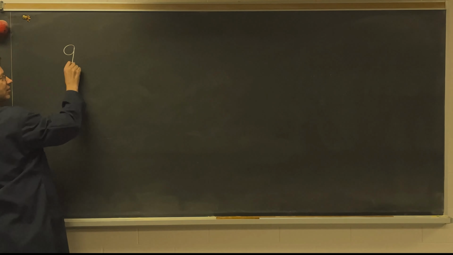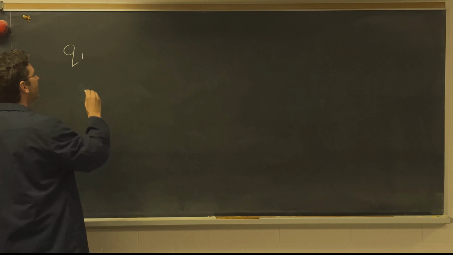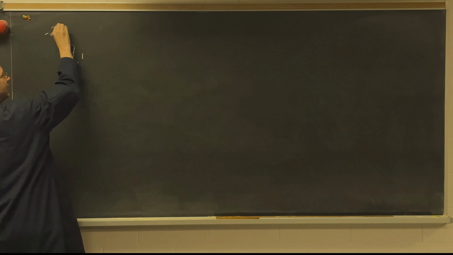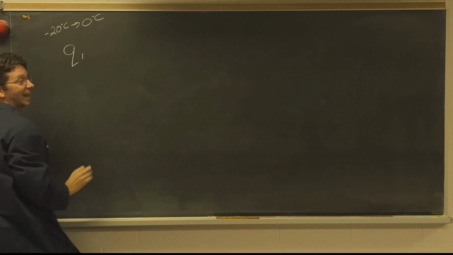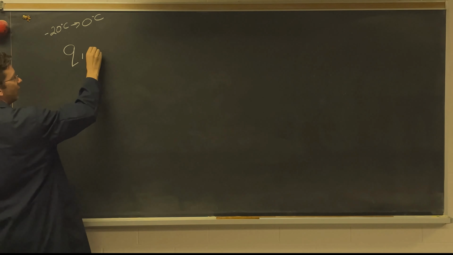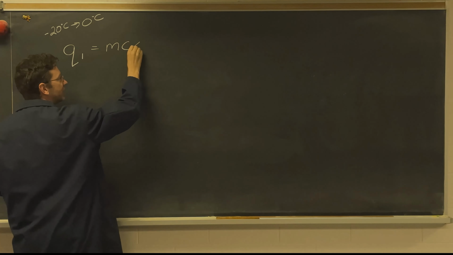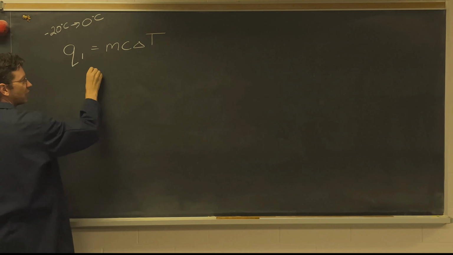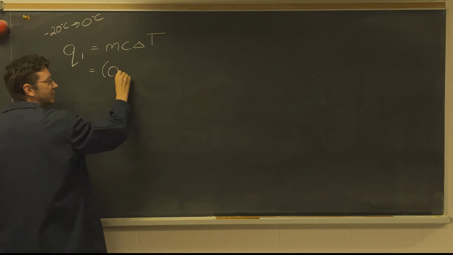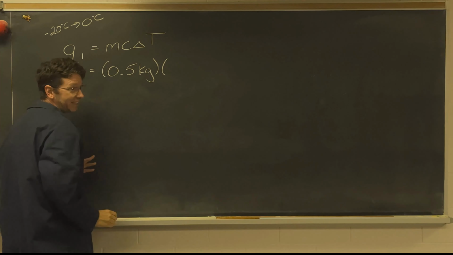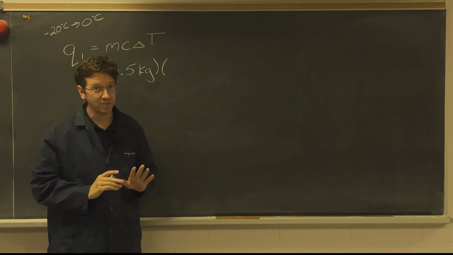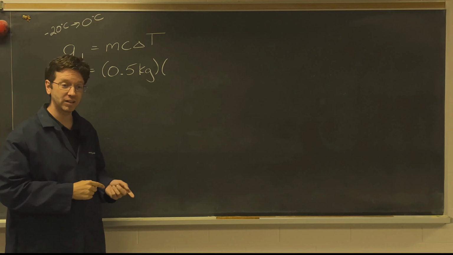Let's call this Q1. So we're going from minus 20 degrees to 0 degrees as a solid. So Q1 equals mcΔT. So the mass in the question was 0.5 kilograms. C, I said, was 4.18, but that is actually for liquid water.